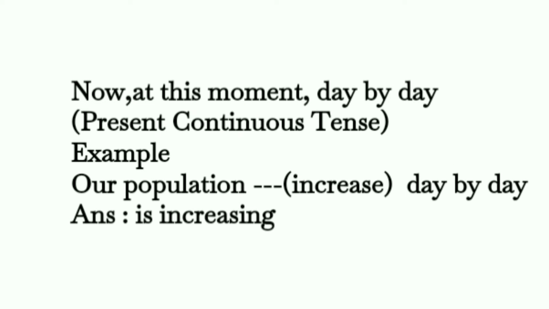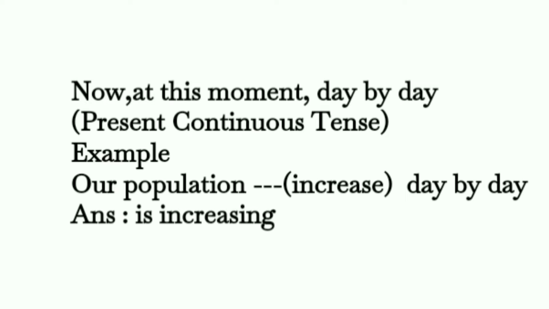Our next rule is, if you see now, at this moment, or day by day in a sentence, then the sentence will be present continuous tense. For example, our population increases day by day.